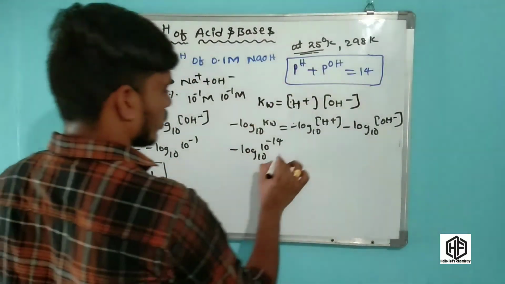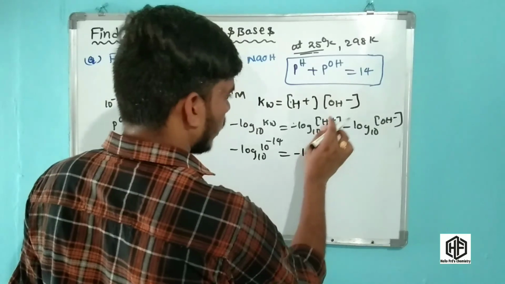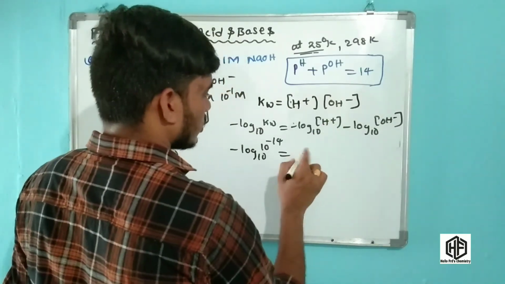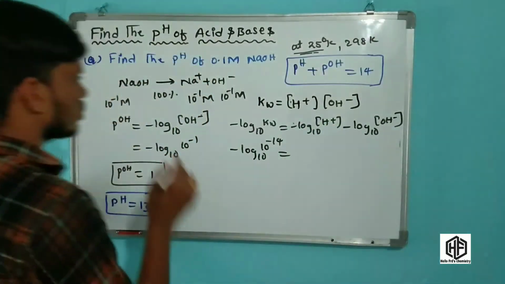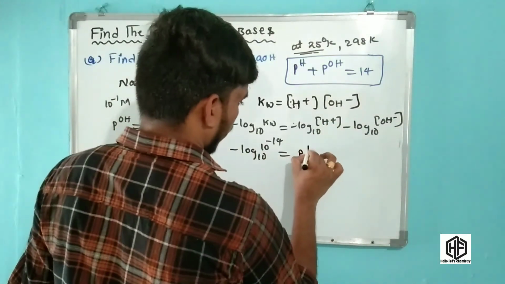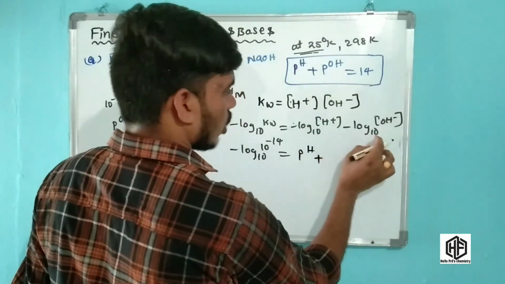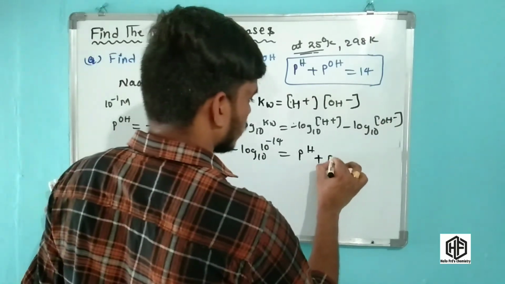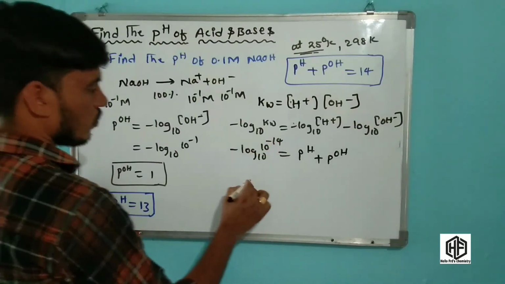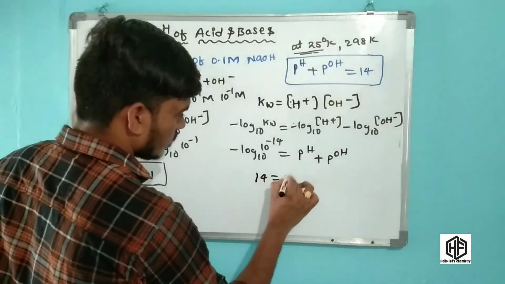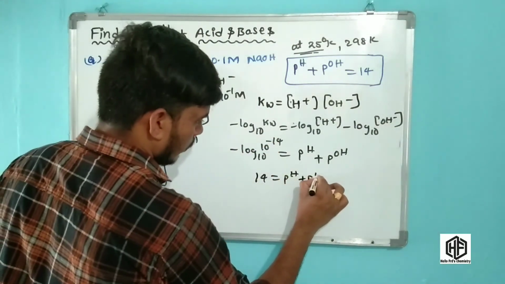Minus log base 10 of H plus ions is pH, and minus log base 10 of OH minus ions is pOH. Now minus log base 10 of 10 to the power of minus 14 is 14. So 14 is equal to pH plus pOH.